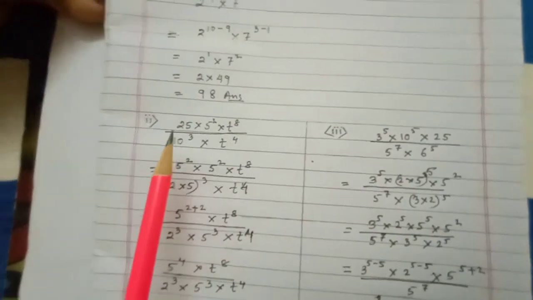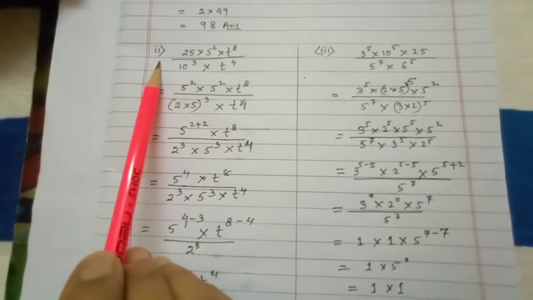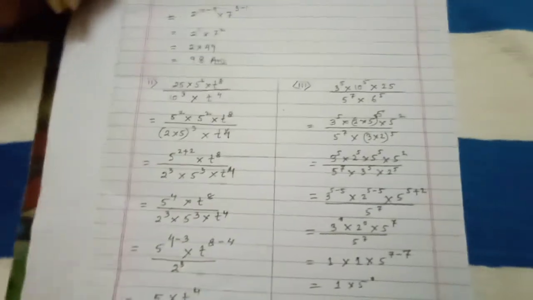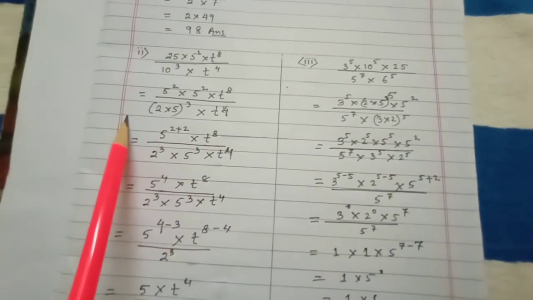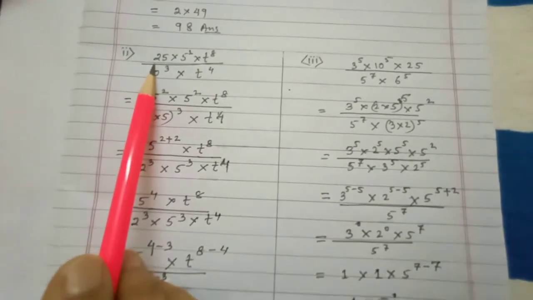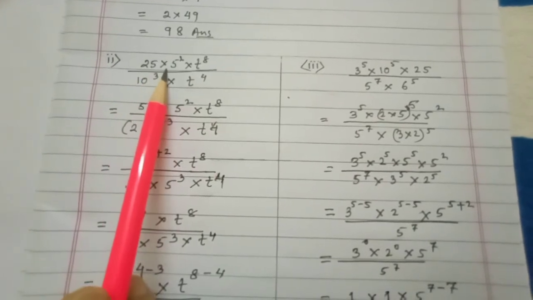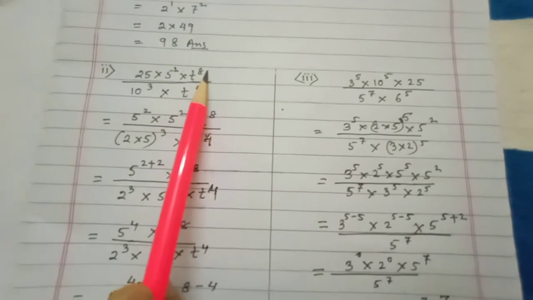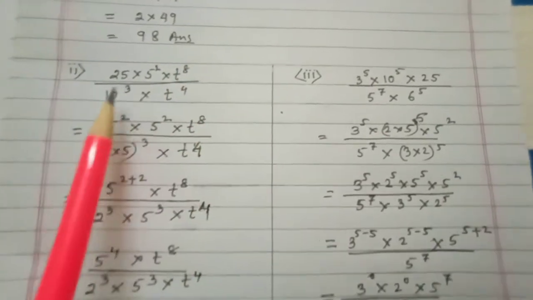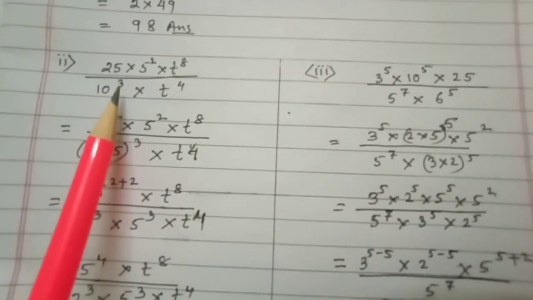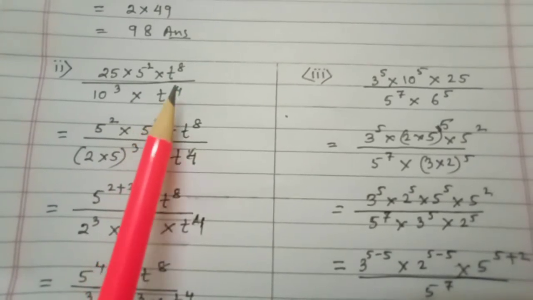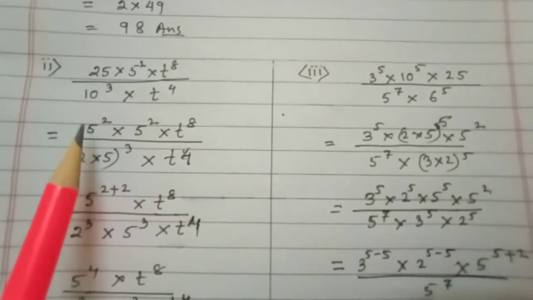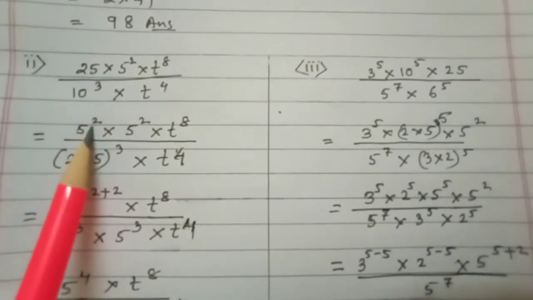Question number 2 of 5. 25 into 5 to the power 2 into t to the power 8, by 10 to the power 3 into t to the power 4. 25 means 5 square, 5 into 5, so 5 to the power 2.